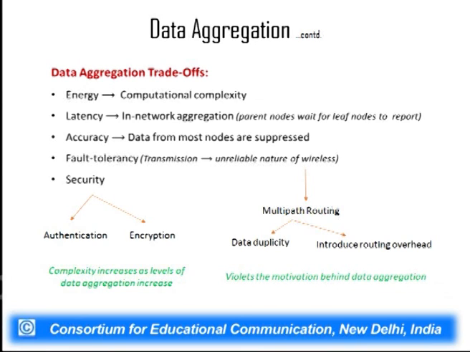When there is data duplicacy, it violates the initial motivation behind data aggregation, because data aggregation says there will be no data redundancy or duplicacy and everything is summarized into one. But again, owing to the wireless nature, we are replicating copies of that same data and transmitting through different paths. So it is contradicting the initial motivation behind data aggregation.